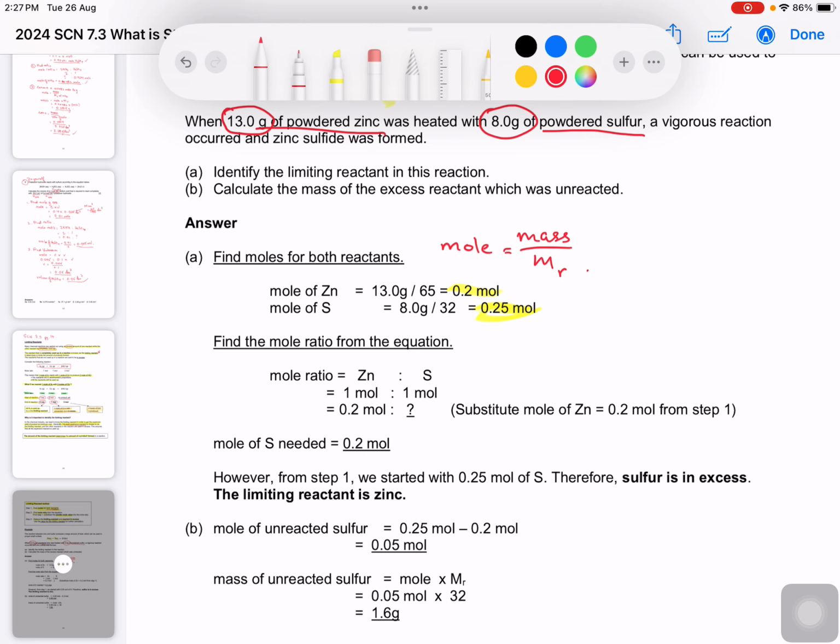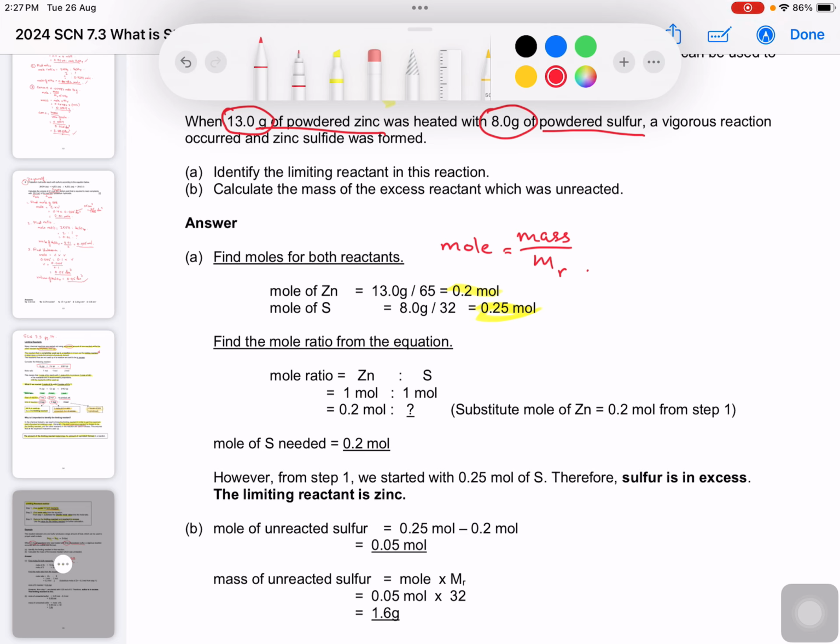Next step, find the mole ratio. Put in the smaller number. So between 0.2 and 0.25, the smaller number is 0.2. Even if you put 0.25, it won't be wrong, but it's nice to just remember 1. So use 1.